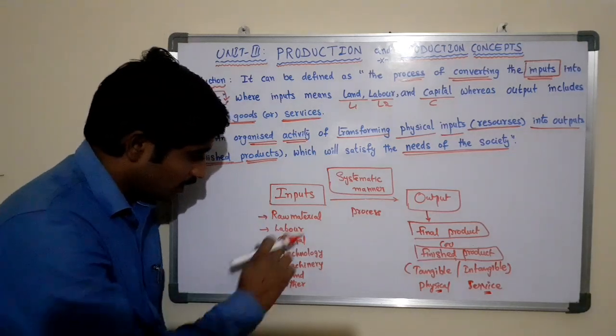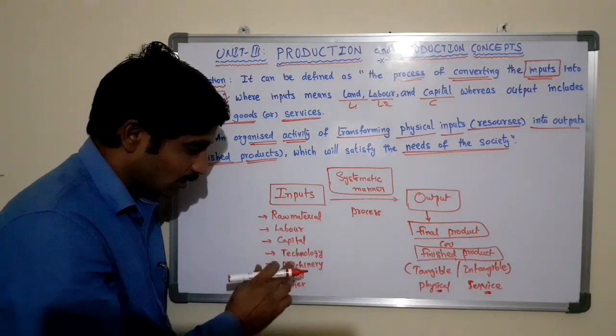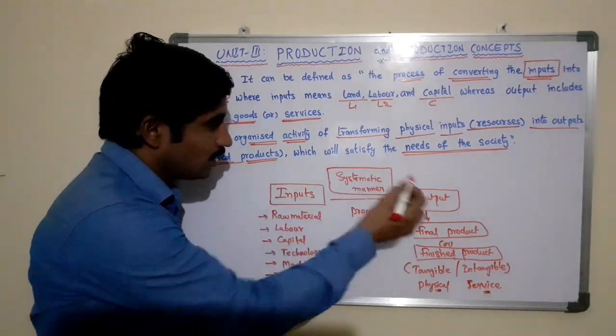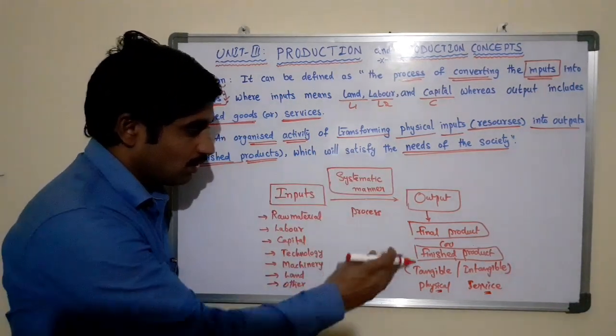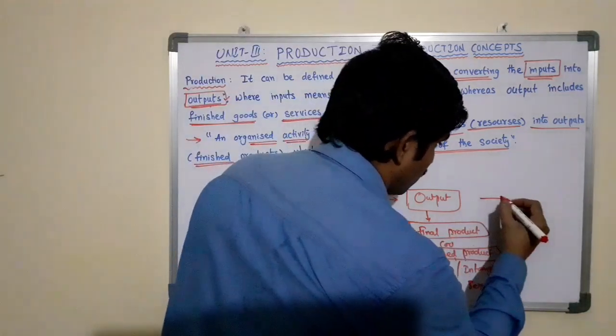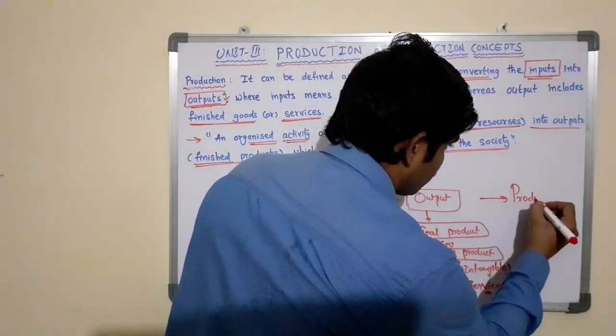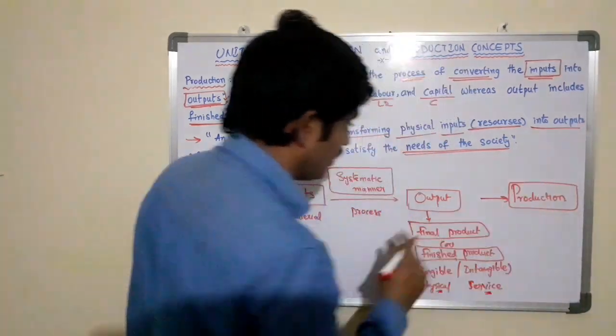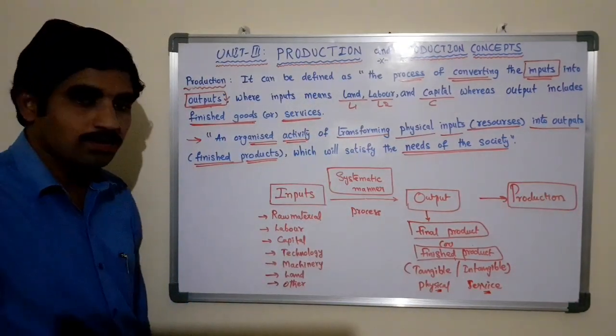So inputs are raw material, labor, capital, technology. All these are the inputs. Converting these inputs into the output is known as production. The process of converting the inputs into the output is known as production.